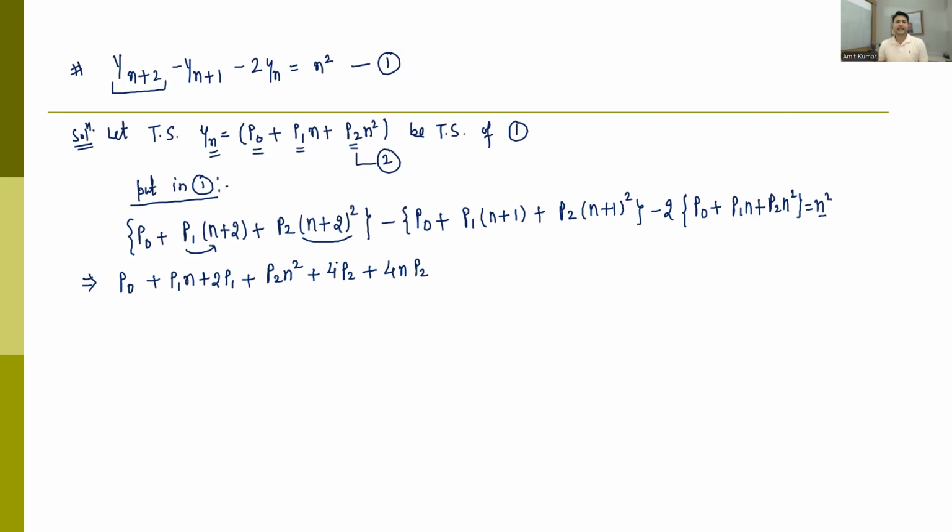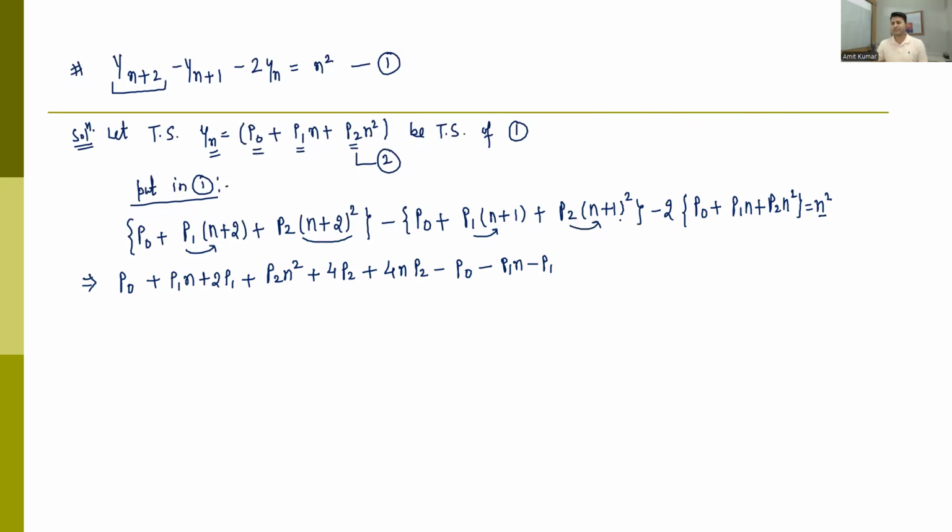So what I did over here, I simply opened the whole square and multiplied it by P2. The next term is minus, I'm taking this minus parallelly inside. So minus P0, minus, take P1 inside, so P1 times n minus P1. Now over here I am having n plus 1 whole square.